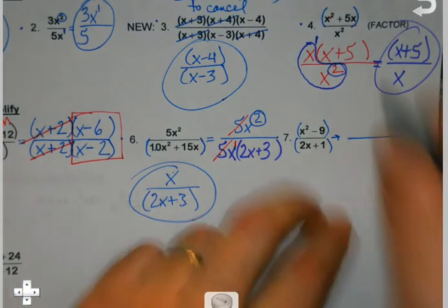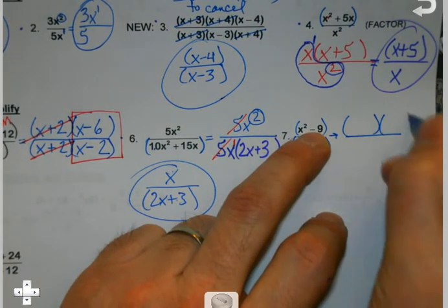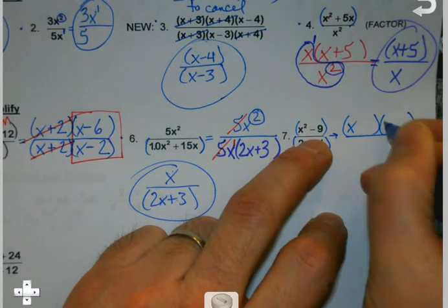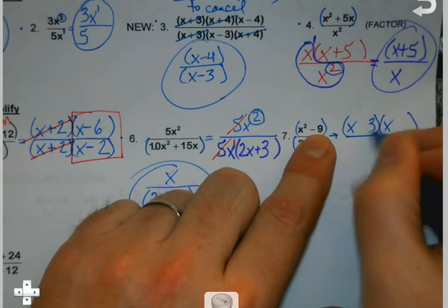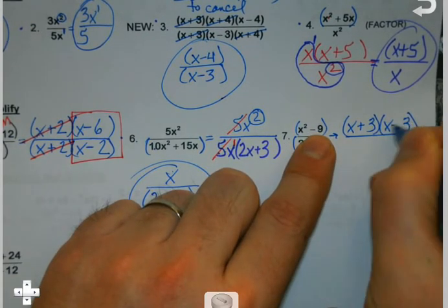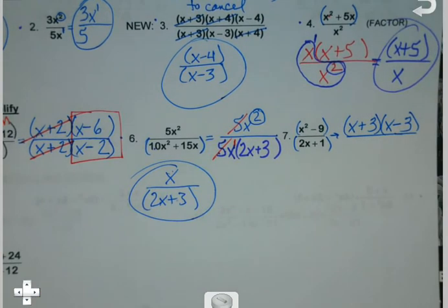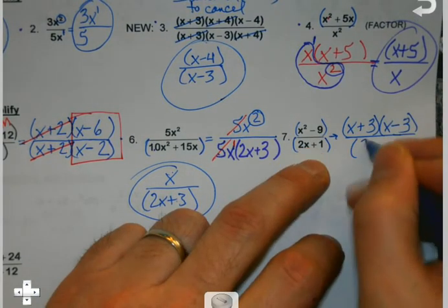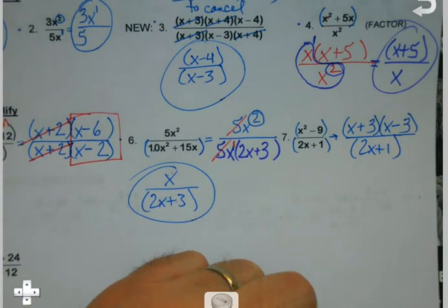It is a difference of squares. Nicely done. So x, and then 9 would be 3 and 3. Can I factor the denominator at all? No, they don't have anything in common. I can't even pull like a 2 out or anything. You're like, Harty, there's nothing to cancel.